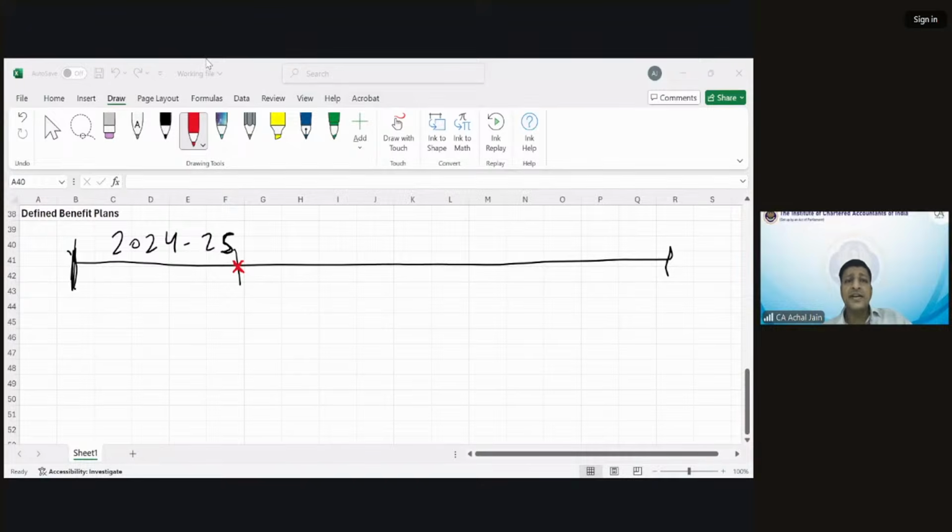And we understand that even though the employee is rendering services today, when is this benefit payable to the employee? Maybe some of the employees are retiring after 10 years.